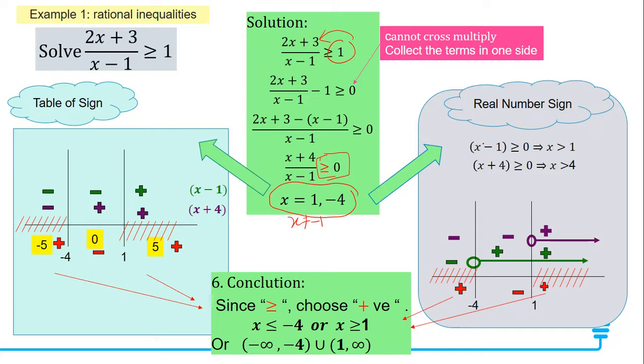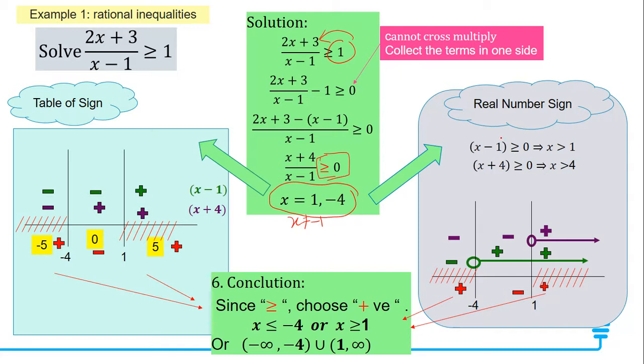As I said before, we let all our factors be either greater than 0 or less than 0. It's not affected by these problems. Just for convenience, I choose greater than 0. So the first factor, x - 1 greater than 0, and the second one is x + 4 greater than or equal to 0.